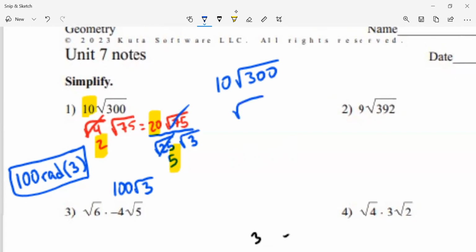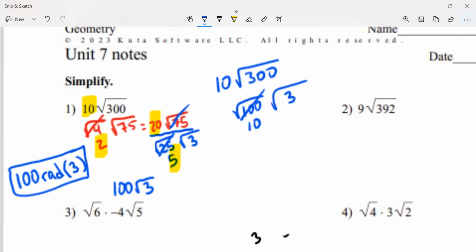300, I have to break this into 2 numbers, one a perfect square. Remember how initially I broke it as 4 times 75? What if I go 100 times 3? All I'm looking for are 2 numbers that multiplied equal 300, but one of them has to be a perfect square. I know the square root of 100 is 10.